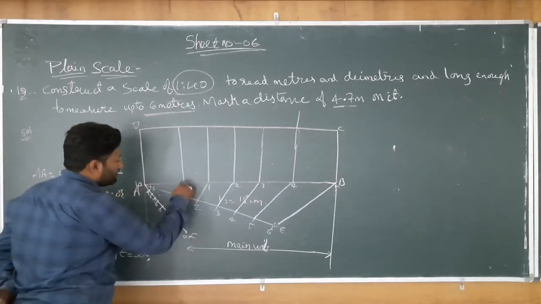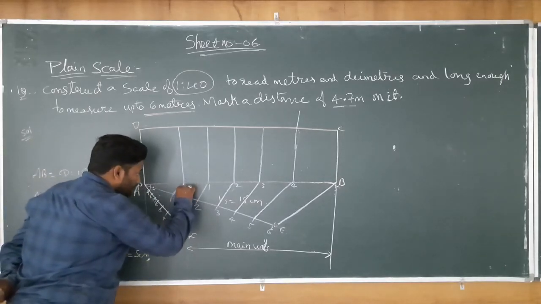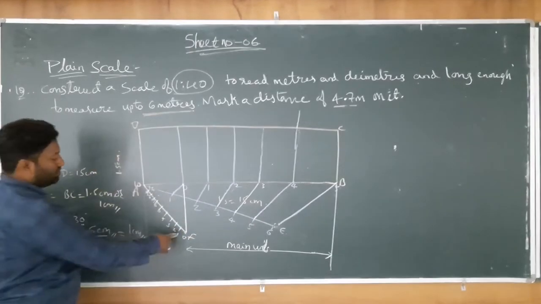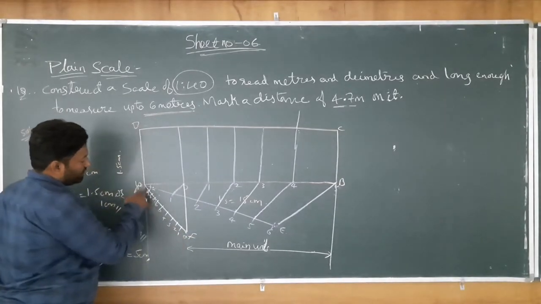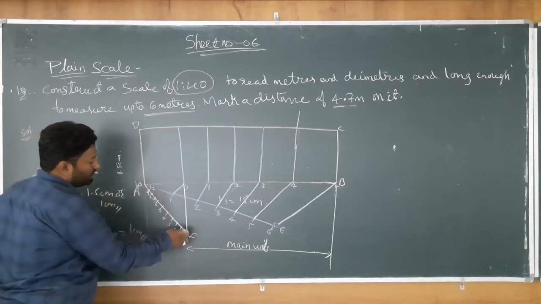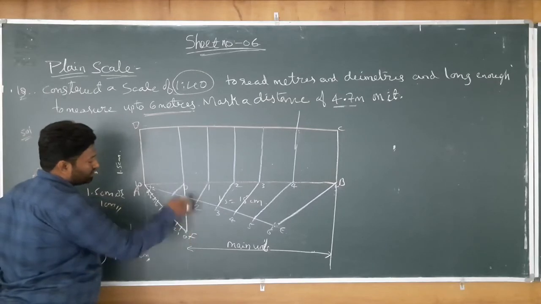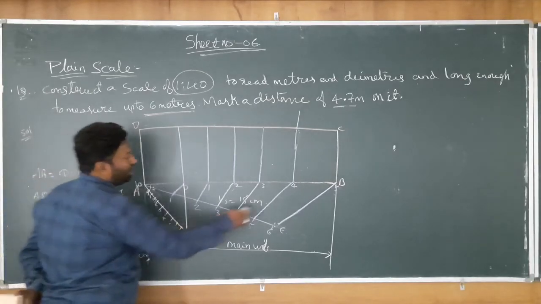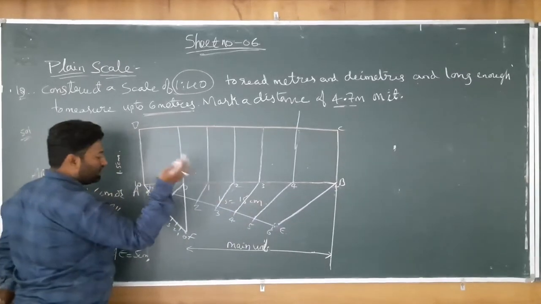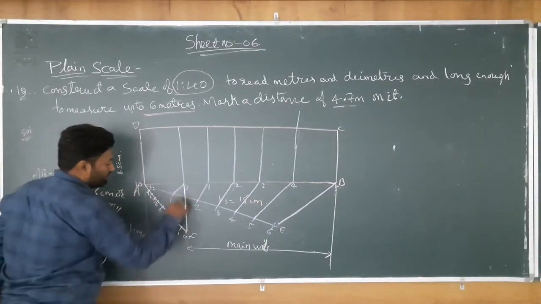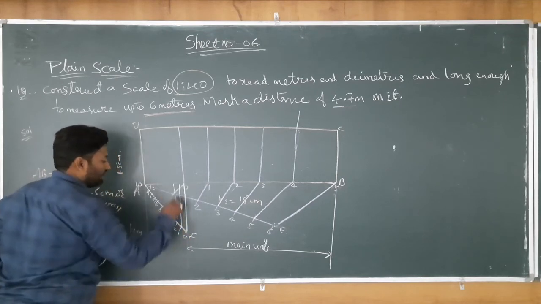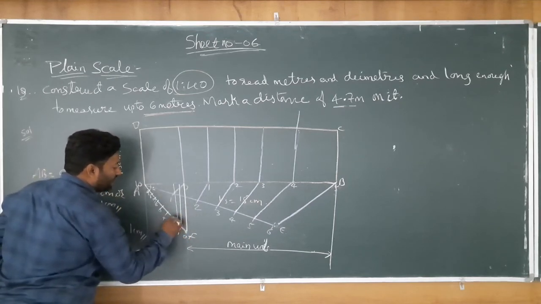Now the simple thing is I have to join 0 to 0. Whether you take theta as 60 degree here and 30 degree there, the line we are drawing is 0 to F. In the same way we drew the line B to F and the rest of the lines parallel to each other, we have to draw another parallel line from 1, then from 2, and all these lines should be parallel to each other.